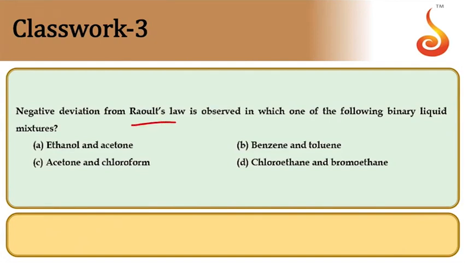Next, negative deviation from Raoult's law is observed in which of the following binary mixtures? The negative deviation will be observed in the case of components having stronger attractive forces between the components. There should be stronger attractive forces. Now when you take, means you must have some dipole interactions. If you take acetone and chloroform, both are having dipole interactions.